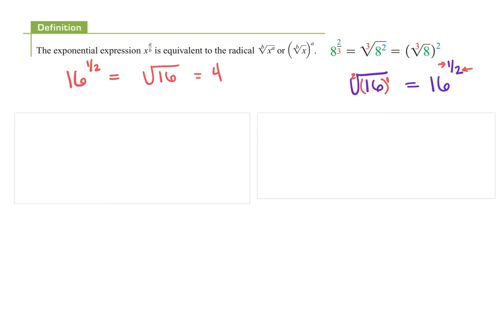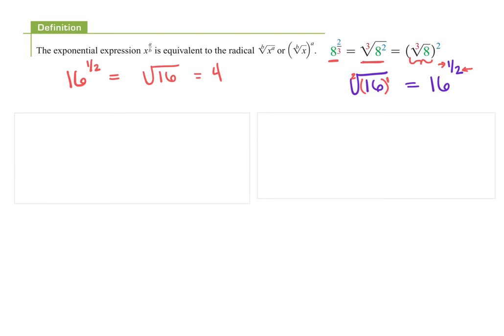So then here they said 8 to the 2/3. What they mean is the cubed root of 8 squared. Now what's cool about fractional exponents is you can do one or the other first, whichever is easier. In this case, you could square your 8 to get 64, and then take the cubed root of 64. That's probably not the easiest way.